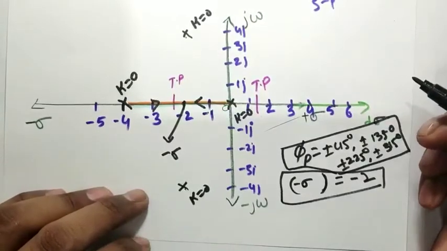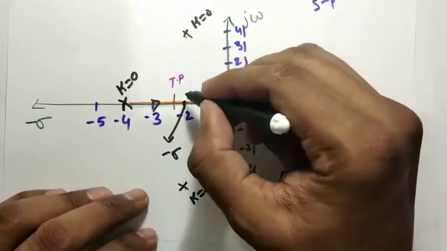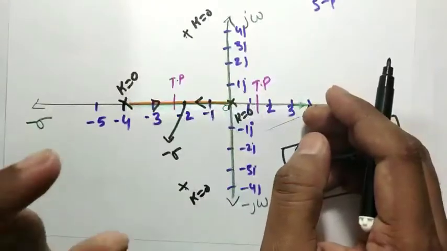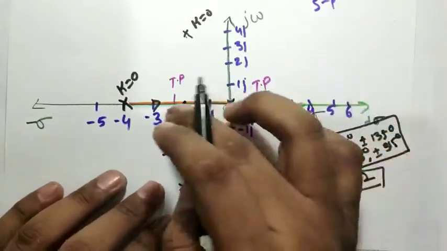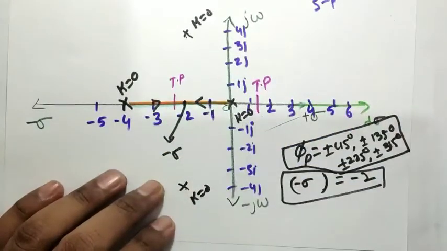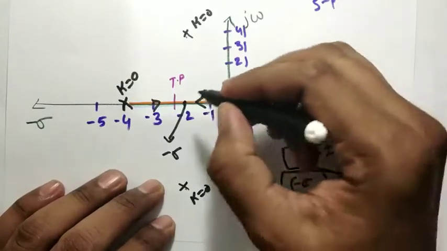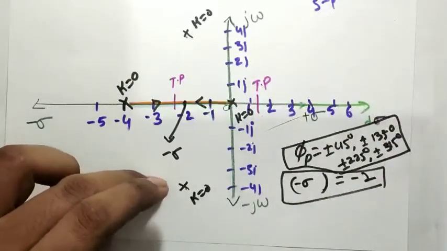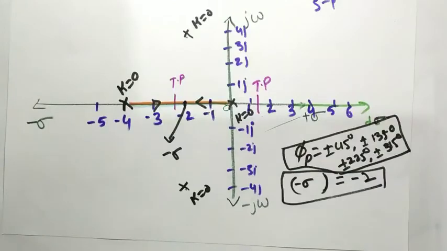Then what angle do you have to draw? 45. You take a protractor and at 45 degrees, that will go in this direction.